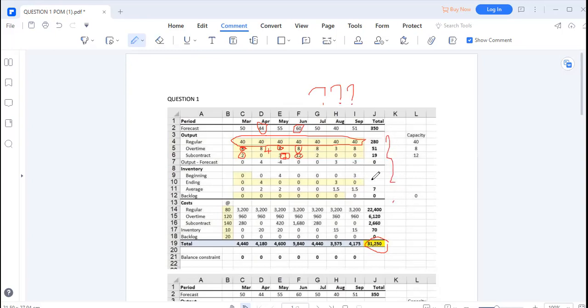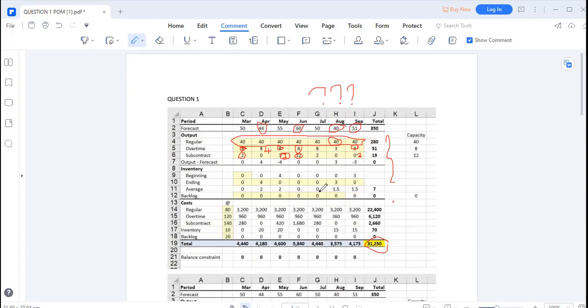So then the other one here, there was no subcontract and overtime because here we are producing at par to meet the demand. And then here we are supposed to actually meet our forecast of 51. So there was an aspect of 40 units, 8, and then subcontracting would have been 3.